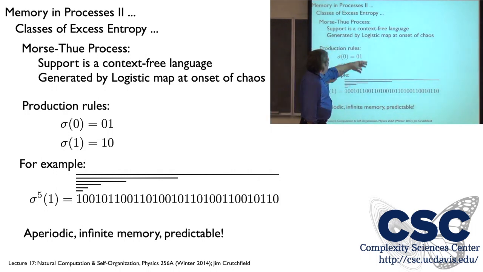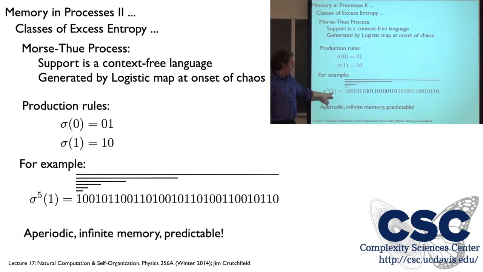And the way it's generated is with just two simple production rules. These are called string production rules. If I have a string, I apply sigma symbol-wise, and wherever I see a 0 in a string, I replace it with 0, 1. And wherever I see a 1, I replace it with 1, 0. So here's one example.